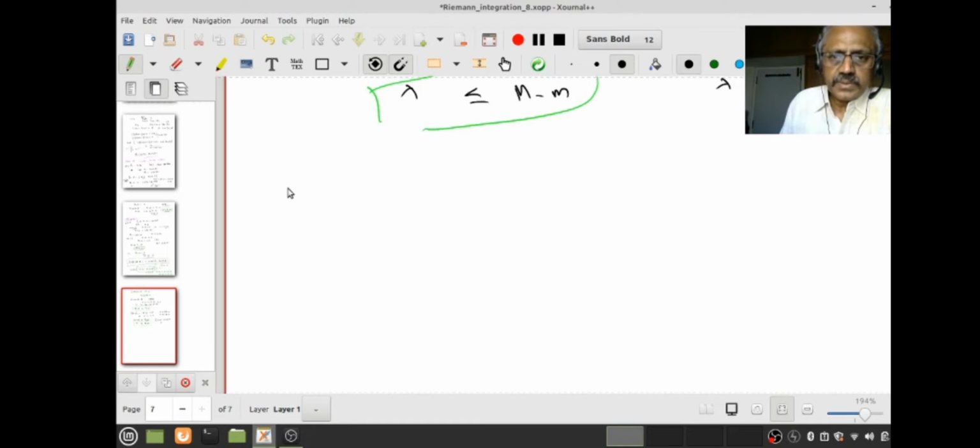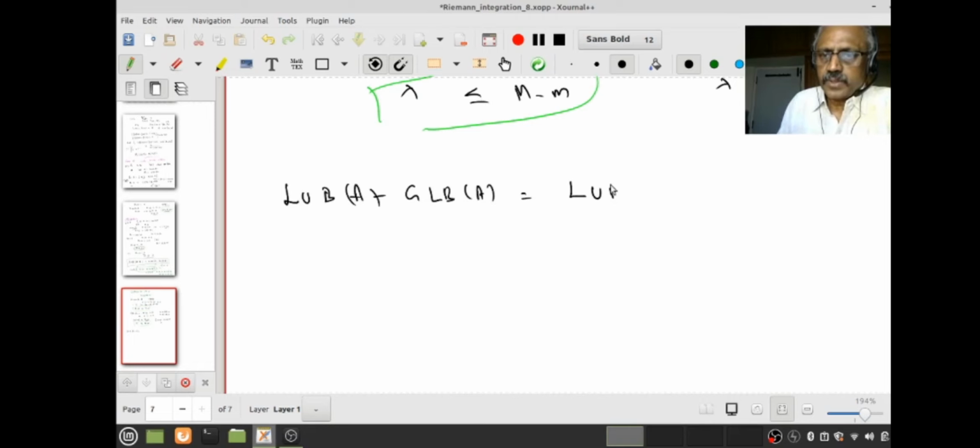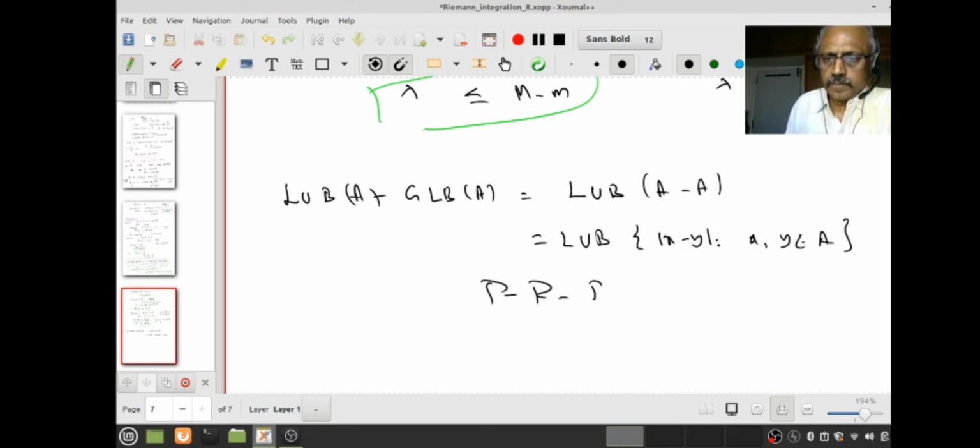What I have shown is LUB of A minus GLB of A is equal to LUB of A minus A, which is equal to LUB of mod x minus y, x, y in A. Okay, please pause, review, proceed. We have proved this.